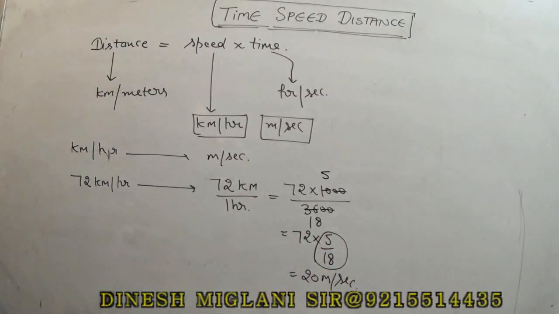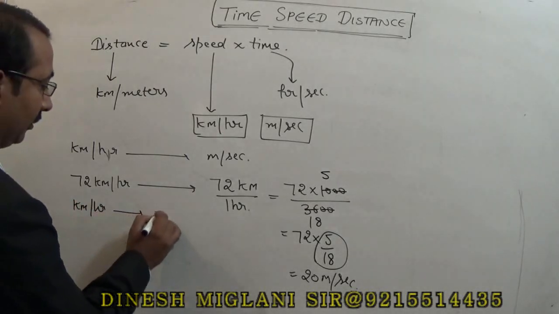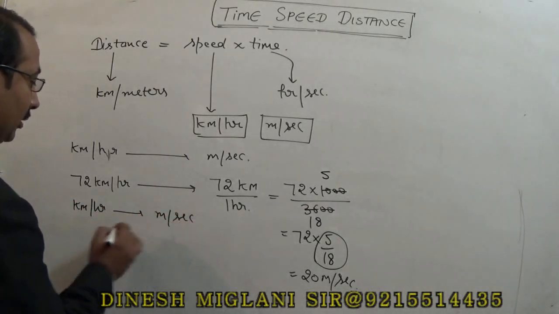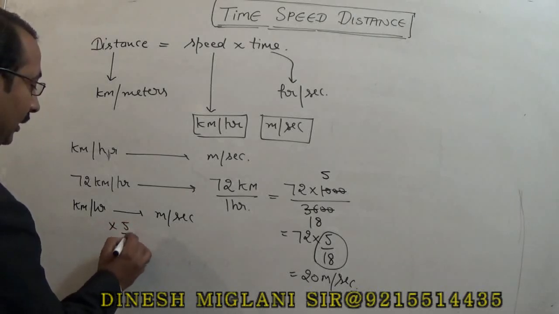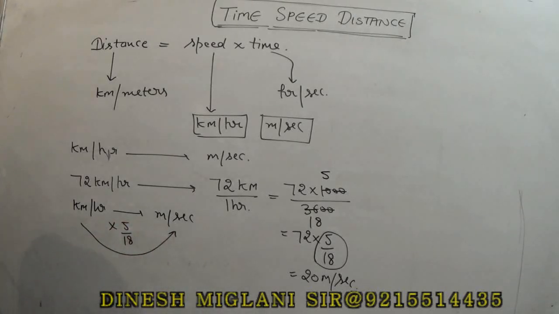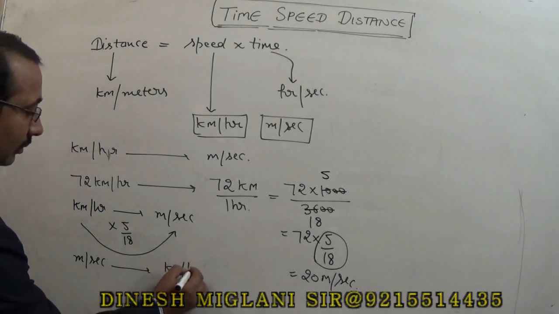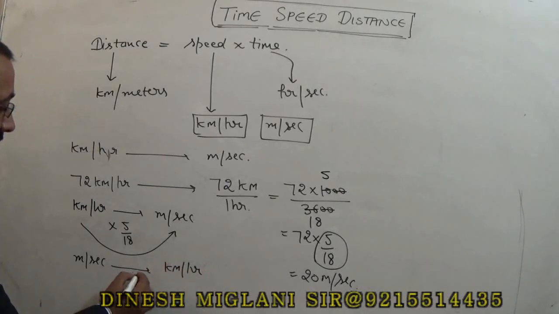When speed is given in kilometer per hour and you have to convert into meter per second, multiply your speed by 5 upon 18 and your speed is converted into meter per second. On the other hand, when speed is given in meter per second, you have to convert into kilometer per hour, multiply this by 18 by 5 and your speed is converted into kilometer per hour.